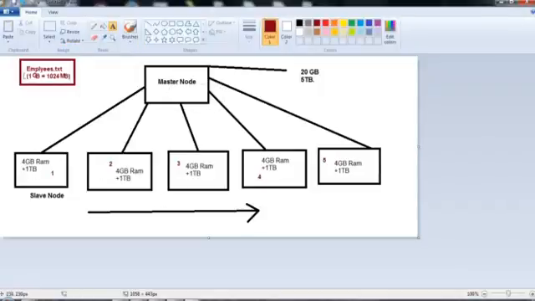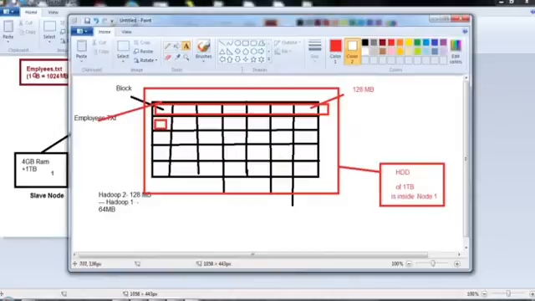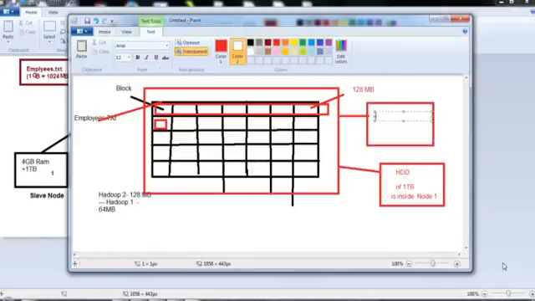In this cluster, this employees.txt can reside on the first node, or the second, or third, or fourth, or fifth, but how many blocks will it accommodate? The total number of blocks will be 8.